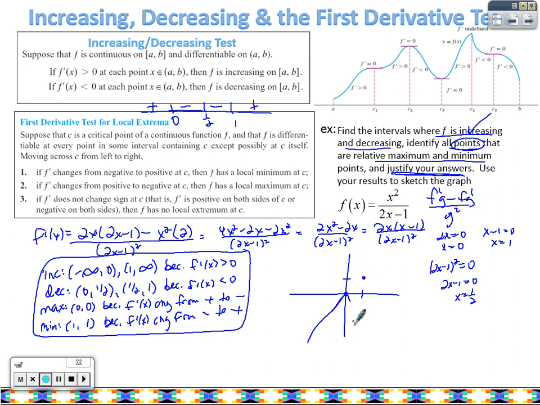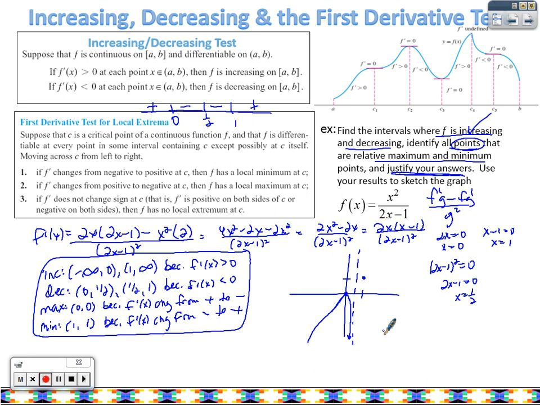It's an asymptote because, well, let's look at our original function. Remember from pre-cal? If I set the denominator equal to 0, I get my vertical asymptotes. And so I have a vertical asymptote at 1/2. So let's go ahead and put that in, which means that this guy just goes like that.